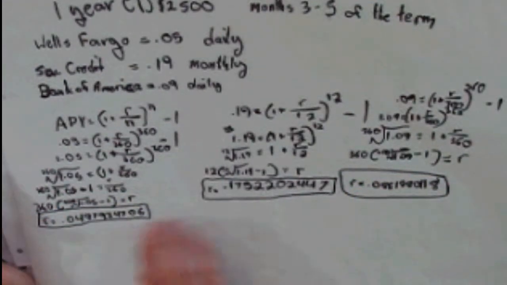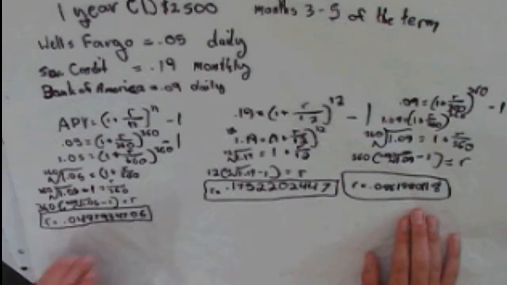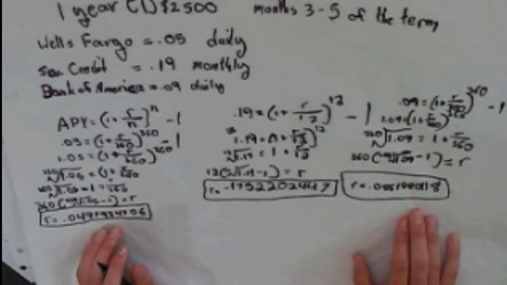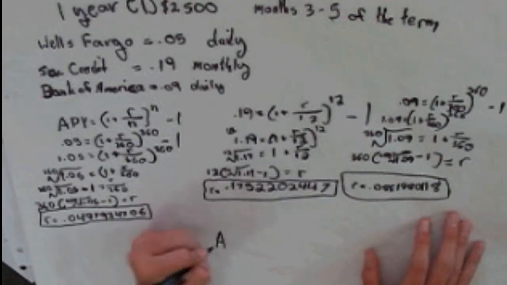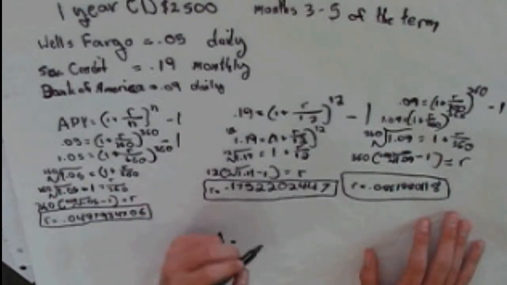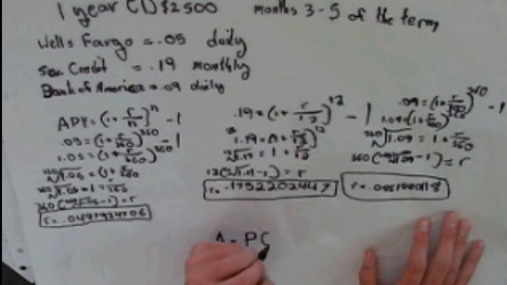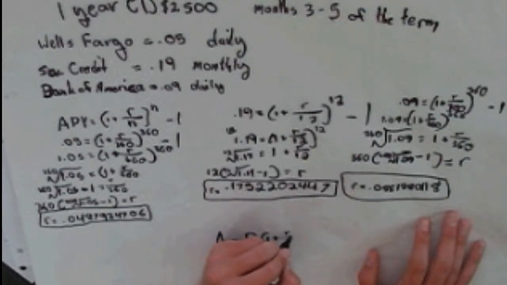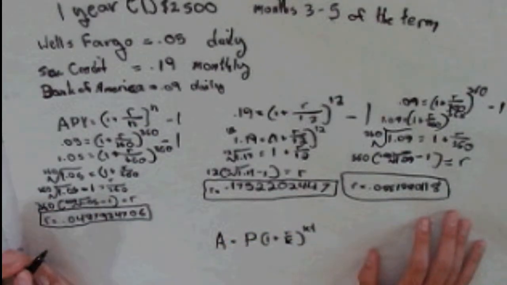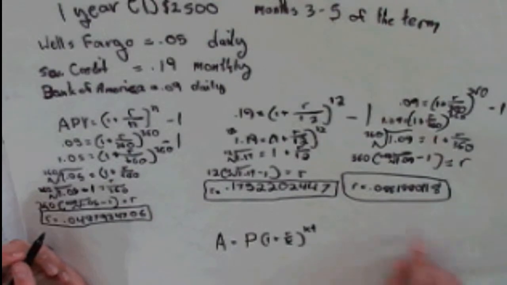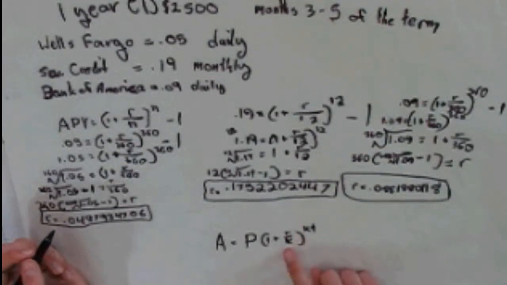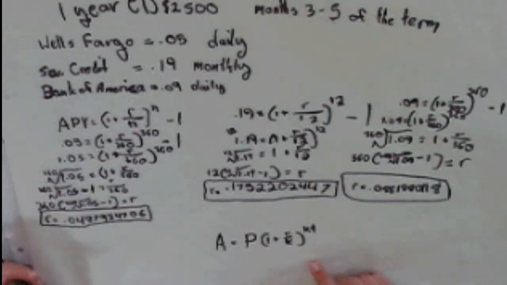So these three numbers are the rates that we're going to plug into our other formula, which is to find the present value of what it is. So that formula is going to be A equals P times 1 plus R over K to the KT, right? These R's are going to go here, and these K's will be like the N's of the APY formula.